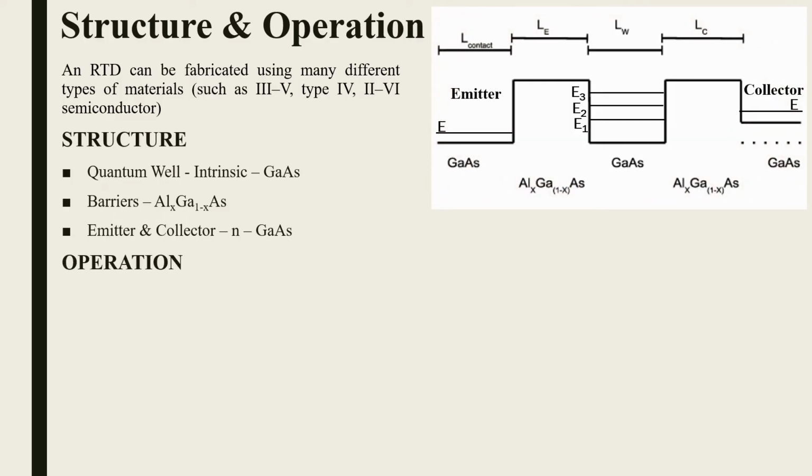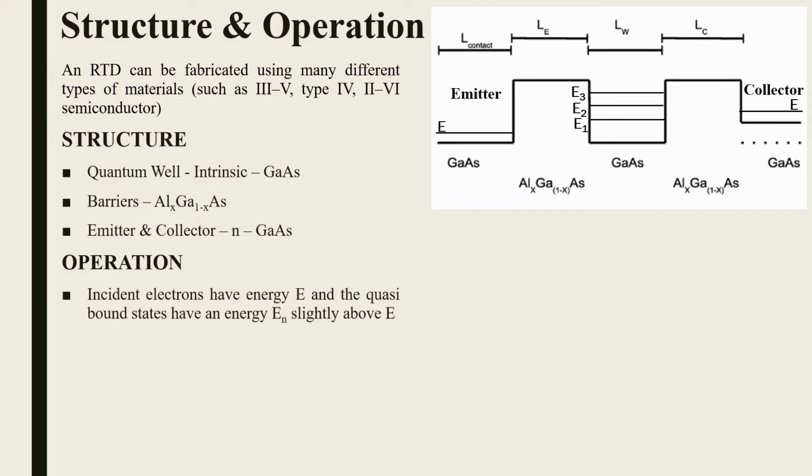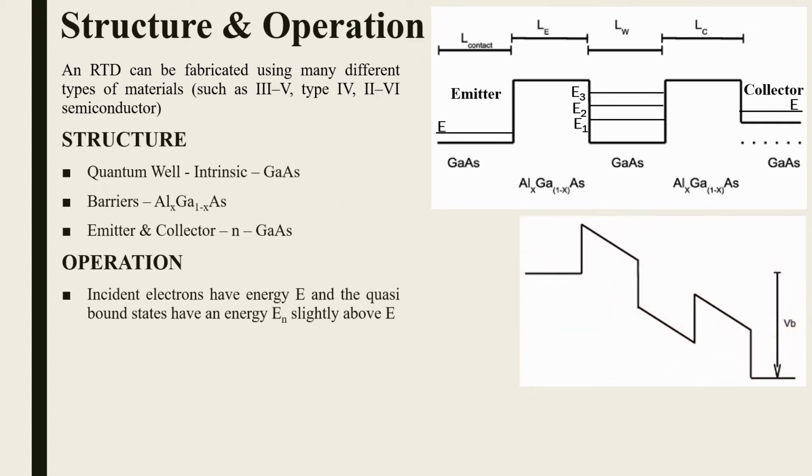Let us see how this device works. Consider that the incident electrons have an energy E, and that at first all of the quasi-bound states E1, E2, E3 and so on up till En lie above E as shown in the picture. As E increases, tunneling will increase, reaching a peak when E is equal to E1.